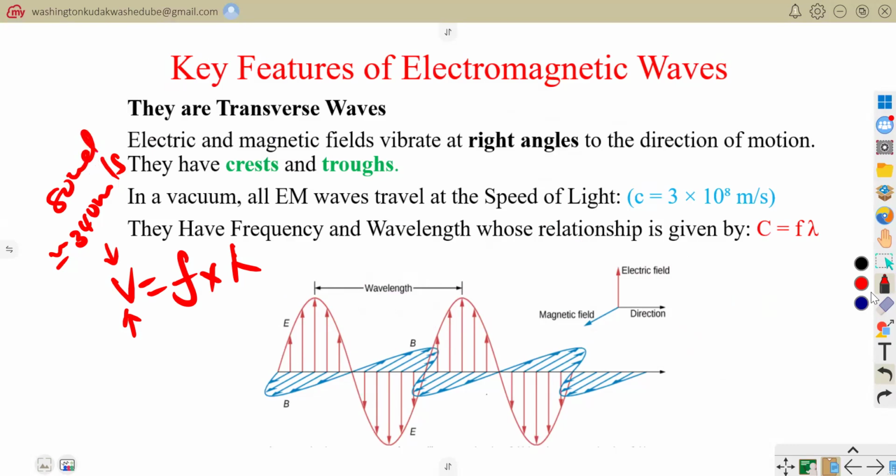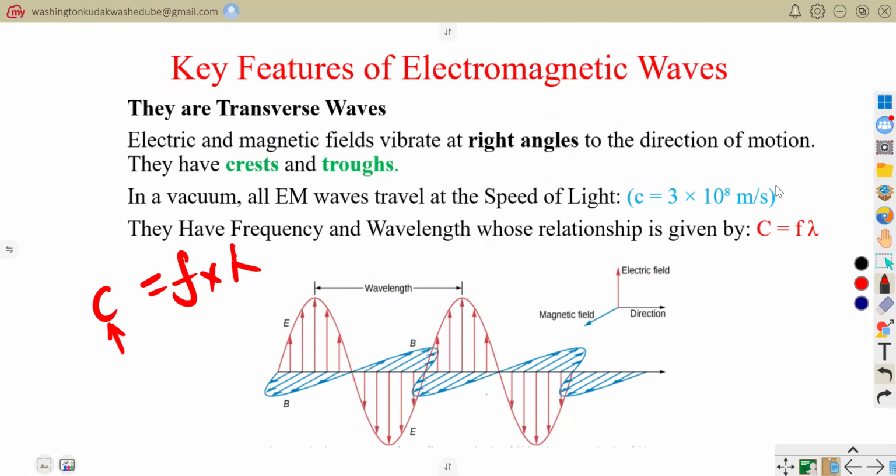Now when it comes to electromagnetic waves, the speed of electromagnetic waves in a vacuum becomes the speed of light. So electromagnetic waves move at the speed of light in a what? In a vacuum.